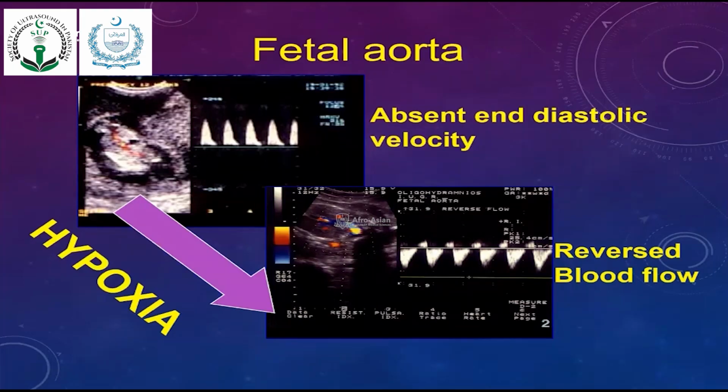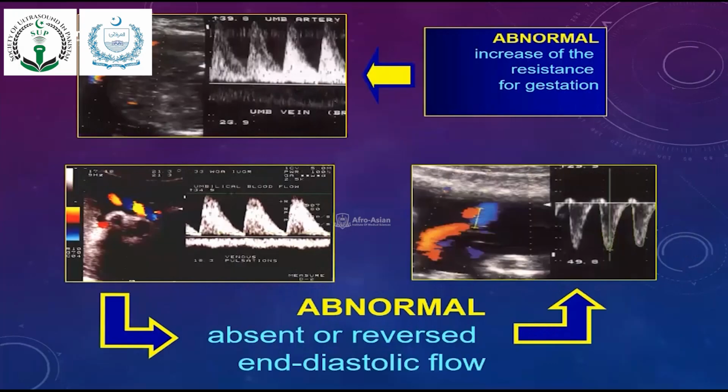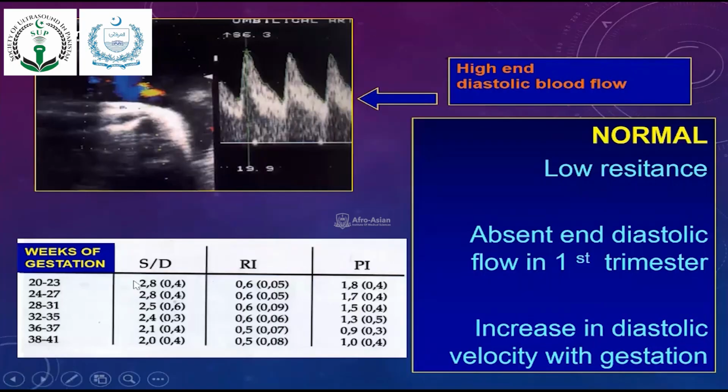So the first thing we saw was the umbilical artery. In the normal waveform we saw, this SD ratio is about 2 to 3 times. It means in the beginning the diastolic will be a bit higher. With advancement in age, the ratio will be 1:2.